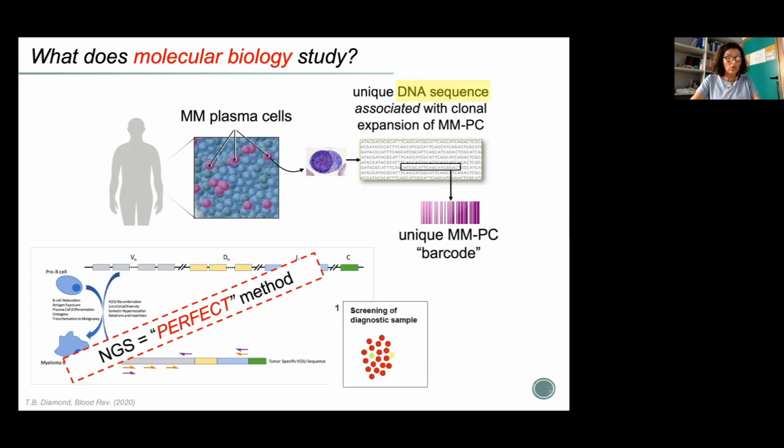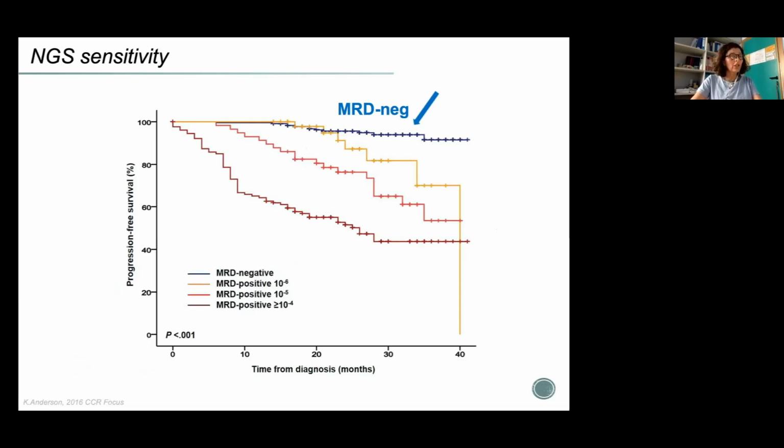First of all, because it facilitates the detection of the clonal patient-specific marker, and also because it is highly specific in the detection of a small amount of rearranged IgH or IgK in responding patients once the rearrangement has been detected at diagnosis. Moreover, next-generation sequencing is a high-throughput technology, thus perfectly matching the need of high sensitivity, which has been shown to be highly meaningful in multiple myeloma, as shown here.